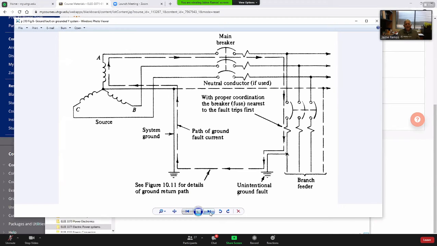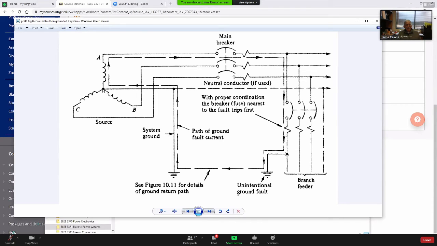So with respect to faults, the best is to use the grounded star. This is the secondary.